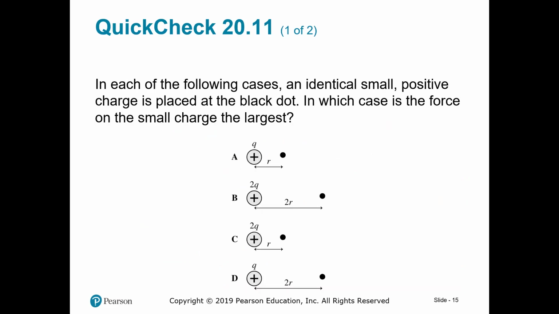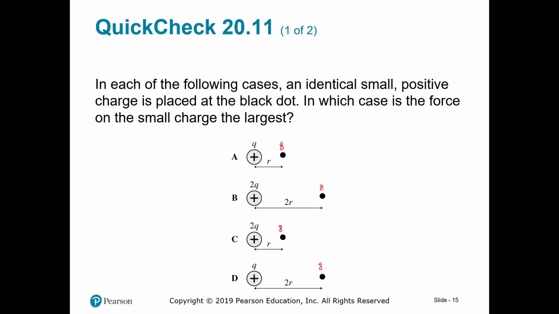So the similar question, but it's a little bit trickier. An identical small, positive charge. So this is also charge Q as well, the black dot, right? Small charge Q, small charge Q, small charge Q, small charge Q, right? In which case is the force on the small charge the largest?